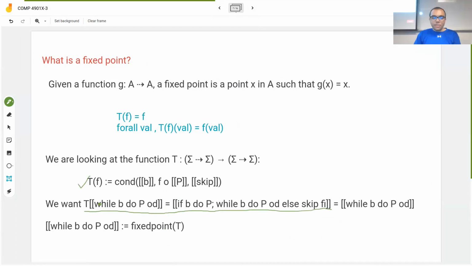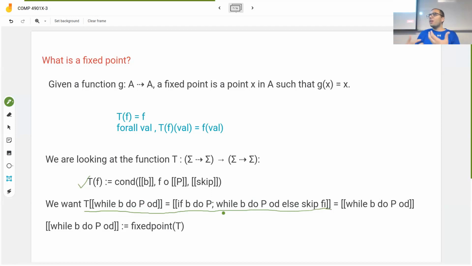So this while, if it doesn't terminate, I expect t to be undefined. But I'm saying whenever this while doesn't terminate, just set the value of t to all zeros. But if this while doesn't terminate, then this one also doesn't terminate. So this one is also set to all zeros. So you see, this is also a fixed point.